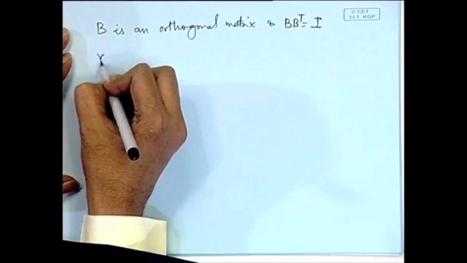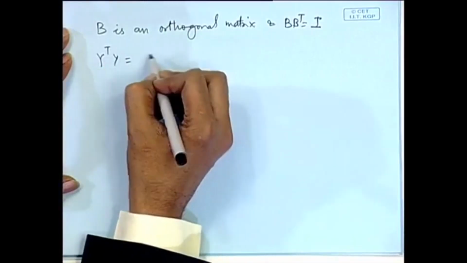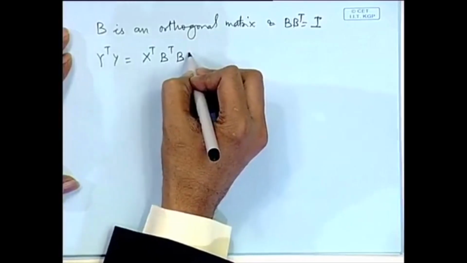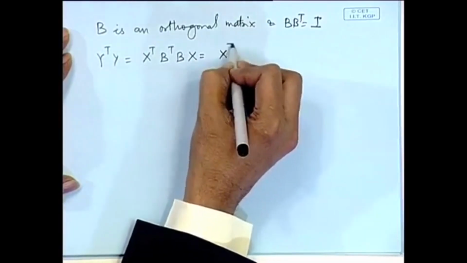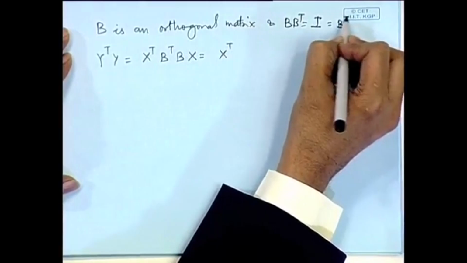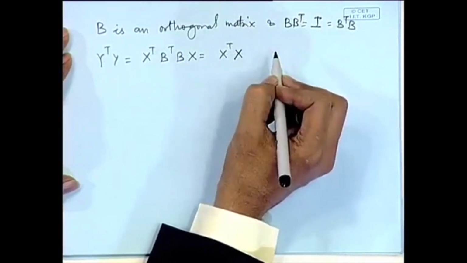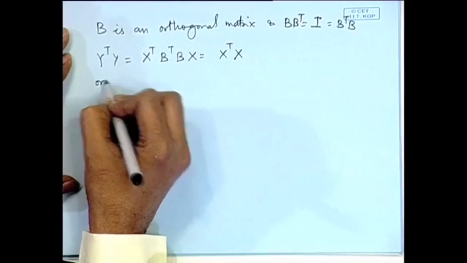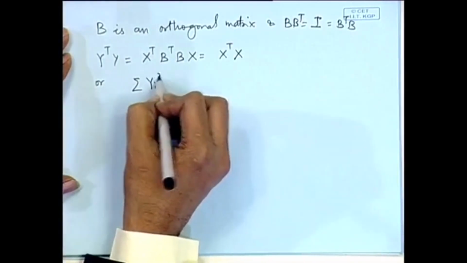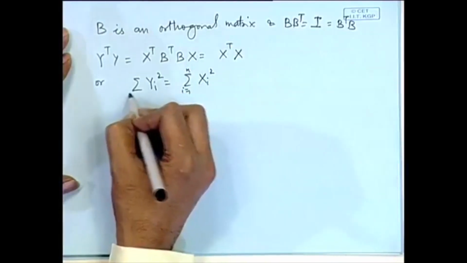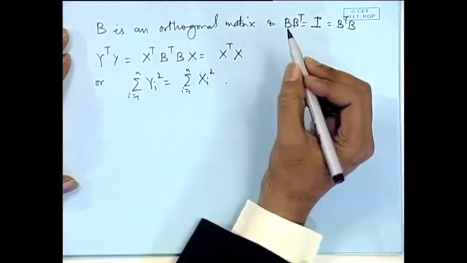If I consider y transpose y, then that is equal to x transpose B transpose B x, that is equal to x transpose x. That means sigma of y i square is equal to sigma of x i square, i equal to 1 to n. That means the original sum of squares is equivalent to the new sum of squares.